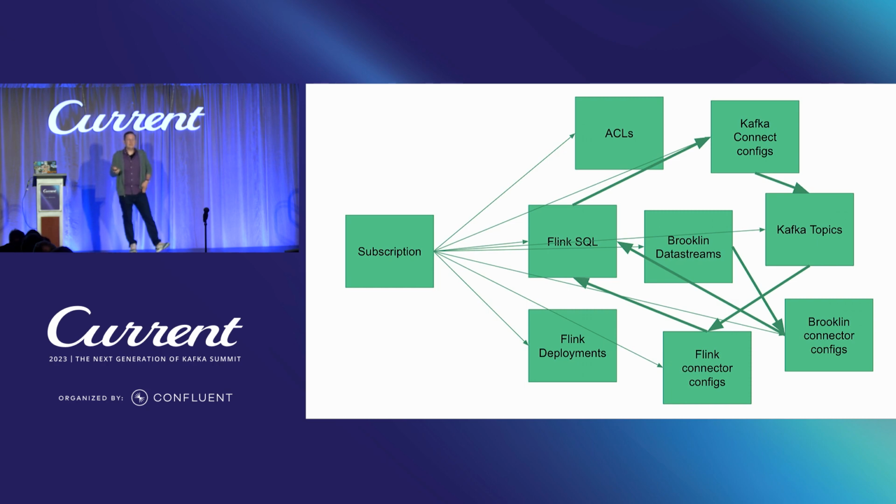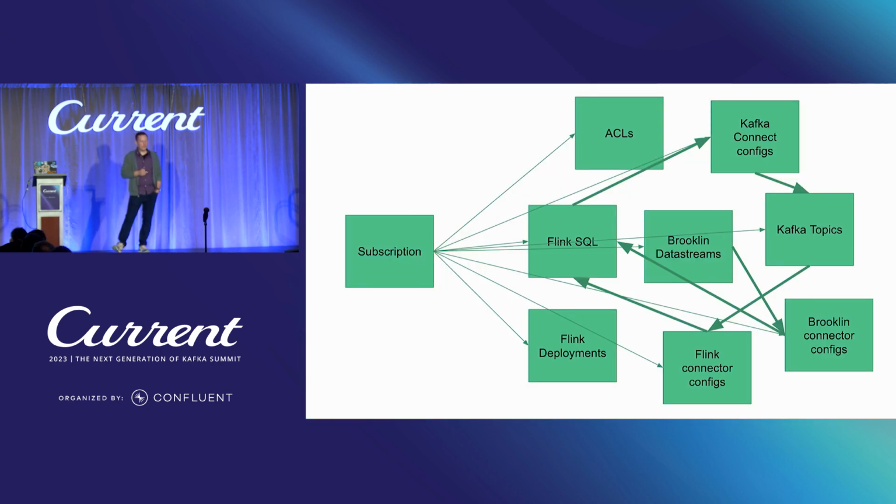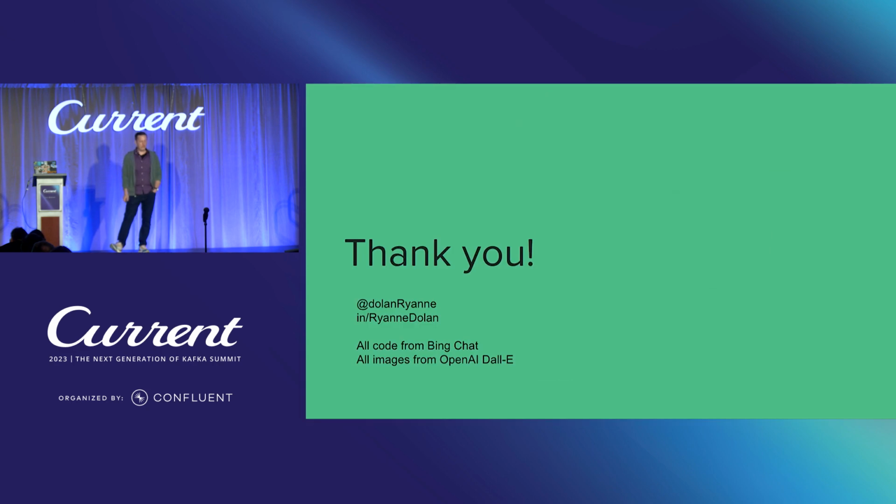Ultimately, this is a configuration generation problem. If I have SQL, I want to generate a bunch of configuration, including connector configurations, Flink job configurations, and all that. That's it. So if you're interested, take a look at the Hoptimator project. It basically does this. I will take your questions.